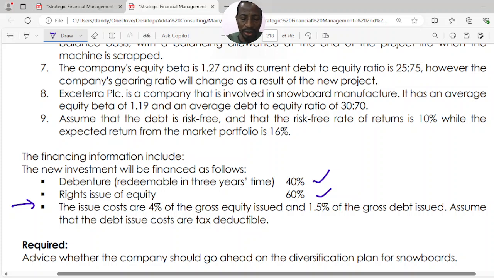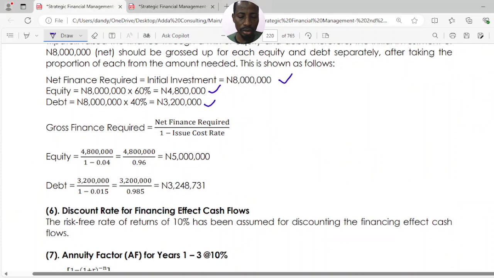Which means that on the debt of this 40%, I need to calculate tax saved on issue cost amount for year 1 only. So let's quickly gross it up. The 4.8 million divided by 0.96, I got a gross amount of 5 million for equity.